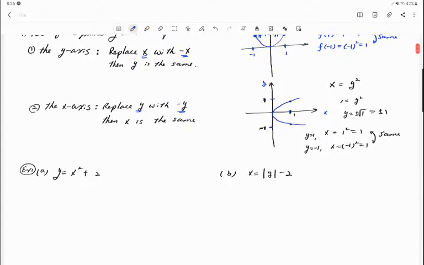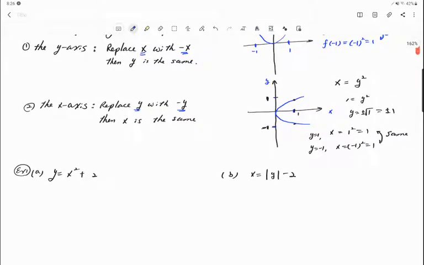All right, example 1, parts A and B. Let's find out whether the graph of this equation is symmetric with respect to the y-axis or the x-axis. First, let's replace x with negative x and see what happens.